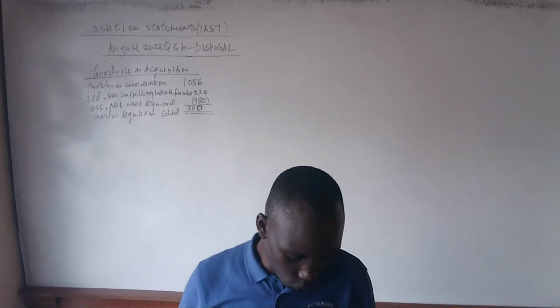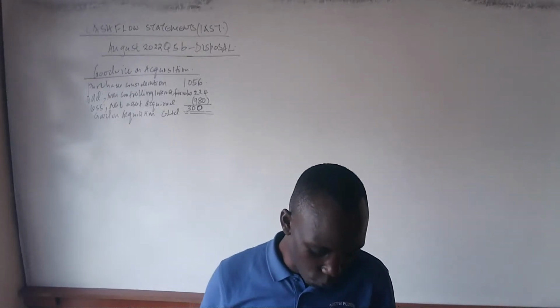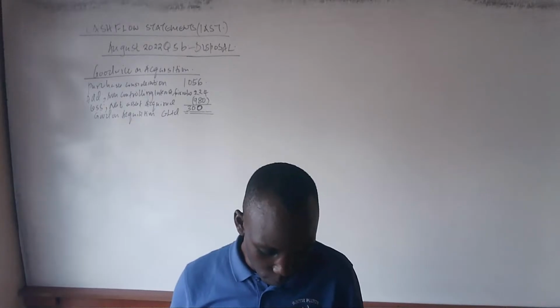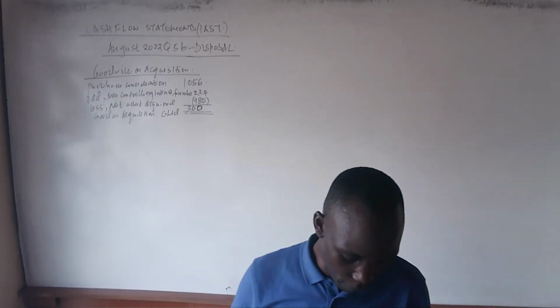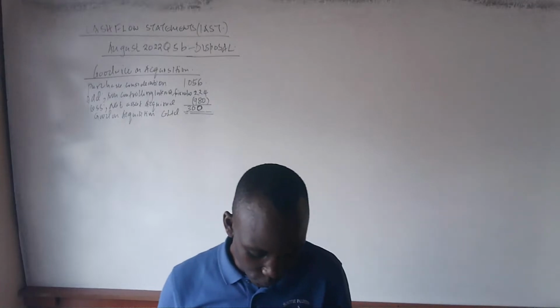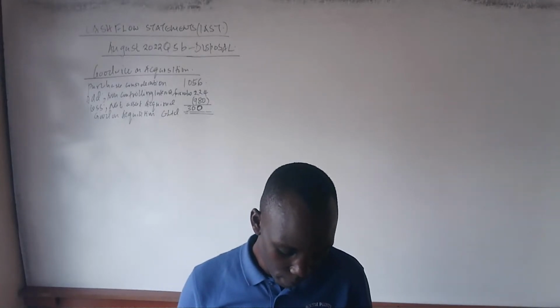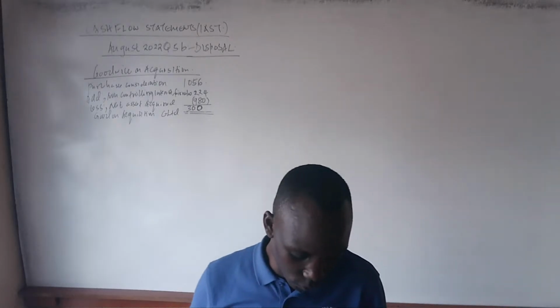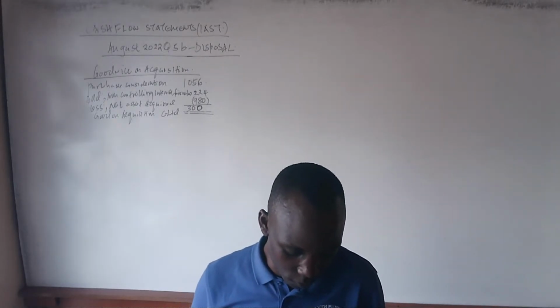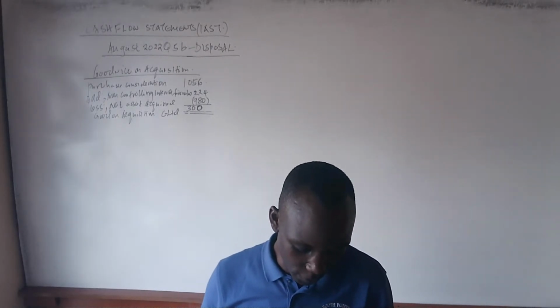We are told, number 2, goodwill calculated under the full fair value method was tested annually for impairment. As at 31st March 2021, goodwill relating to C Limited had been impaired by 75%.